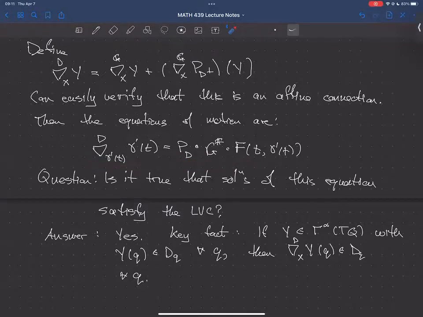This leads one to study general equations of the form nabla gamma prime of t equals f of t gamma prime of t, for arbitrary affine connections. There's value in doing that, but the clock's run out. So that's the course.